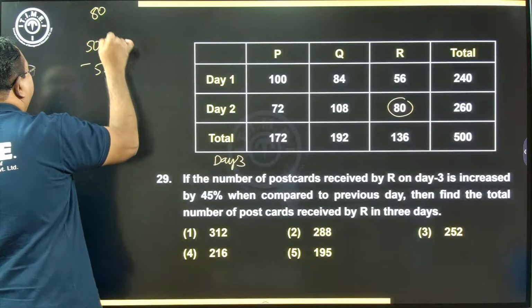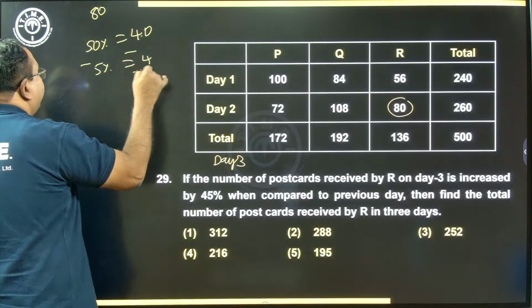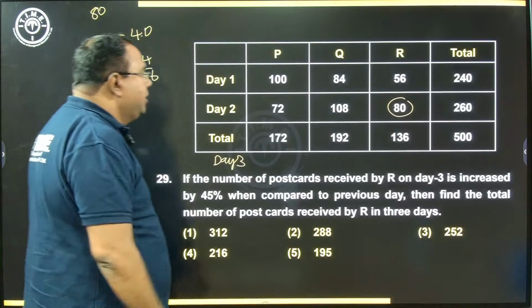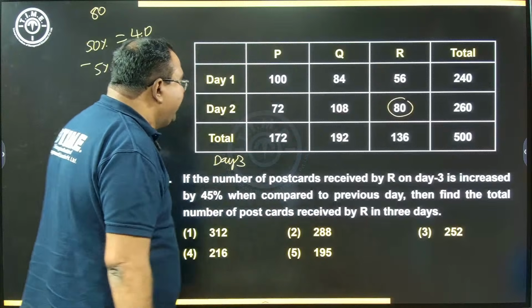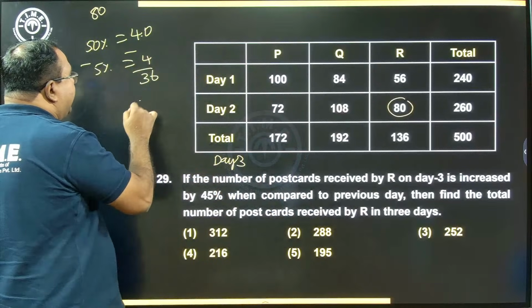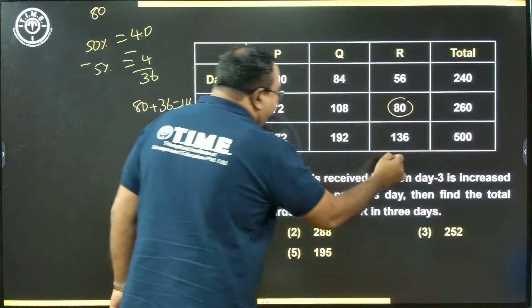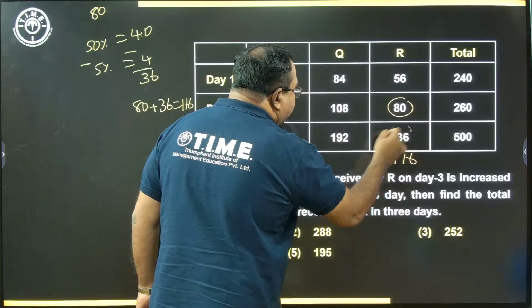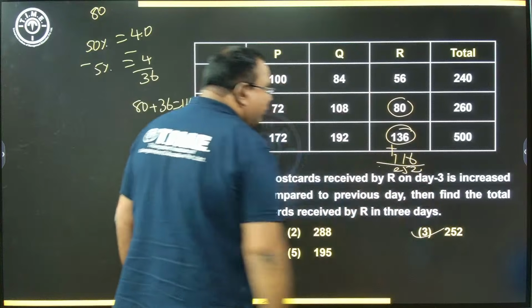In 80, 50% will be 40, minus 5% would be 4. So 36. So if I add 36 more, it will be 80 plus 36, it will be 116. So total, these 2 days 136 plus 116, 252. 252 is present in choice 3.